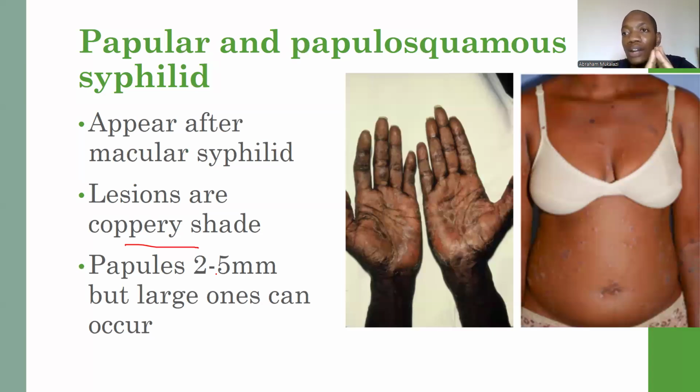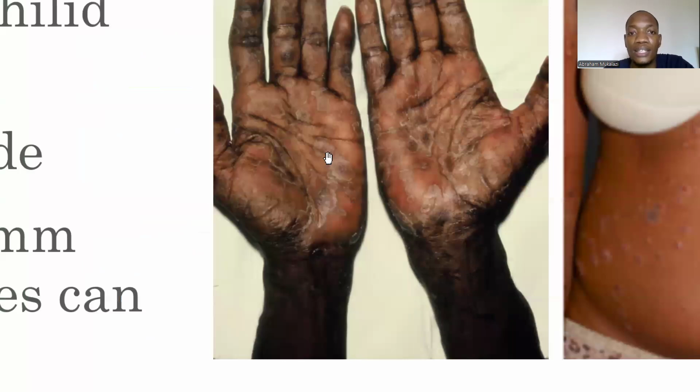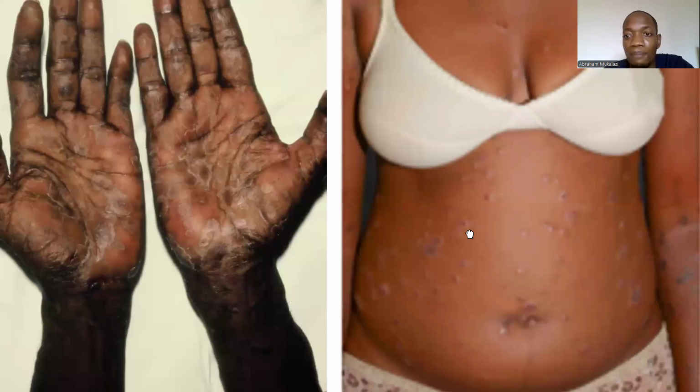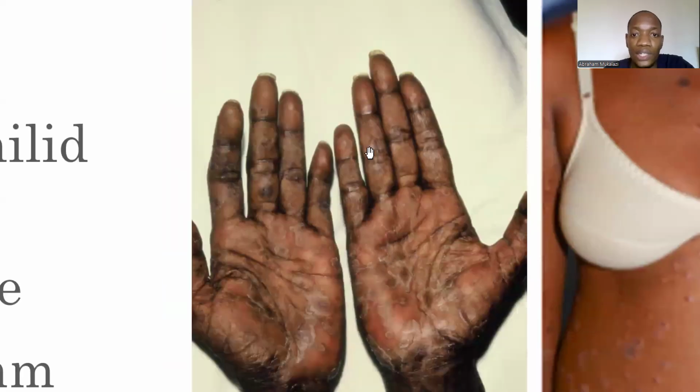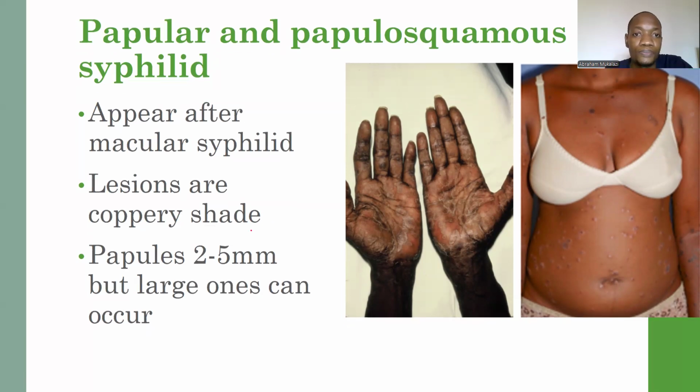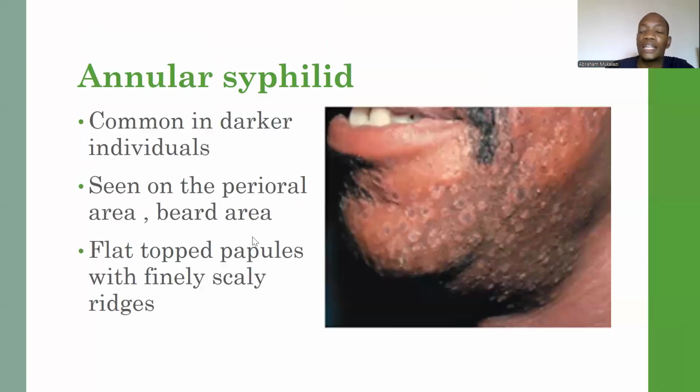So every time you see a rash involving the palms and soles, syphilis should be one of your differentials. So this is how they look like, as you can see in this picture. So this is the coppery red, well demarcated copper coin lesions. Then here you see the same picture, but now on the trunk. So that's why people think it looks like other things.